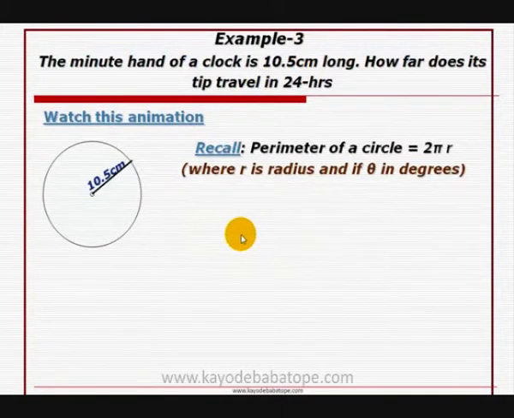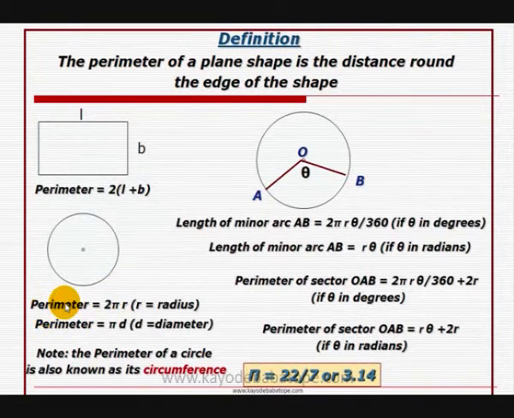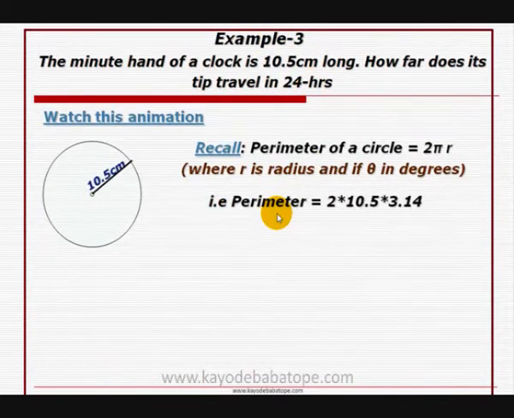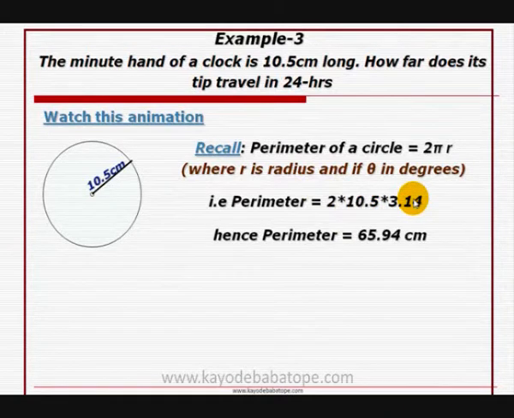Now, recall that the perimeter of a circle is given by 2 pi r, where r is the radius. Therefore, the distance covered by the minute hand when it makes a complete revolution, that is the perimeter of the circle around which the minute hand revolves, is given by 2 pi r, which equals 65.94 centimeters.